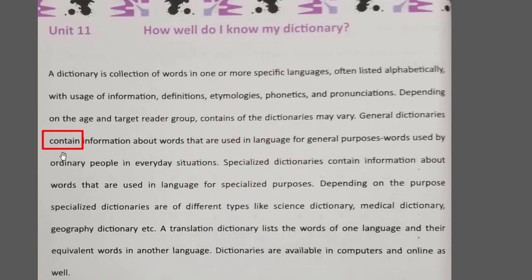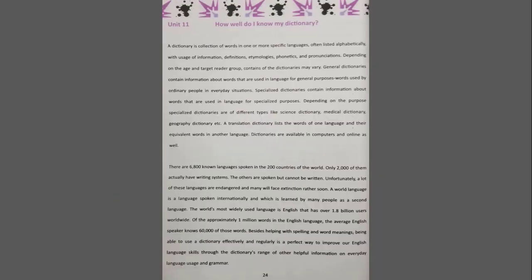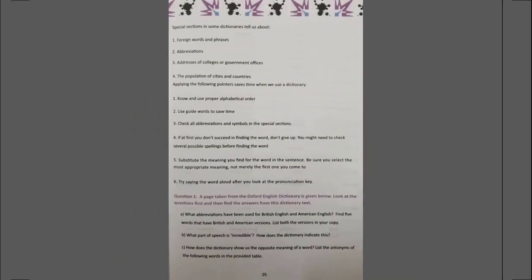This contain means something that holds, something that is within something. So we can see the same word has been used with two different meanings. This is why whenever we find a word, we should substitute it in a sentence so that we know we are using it with the correct meaning, right?